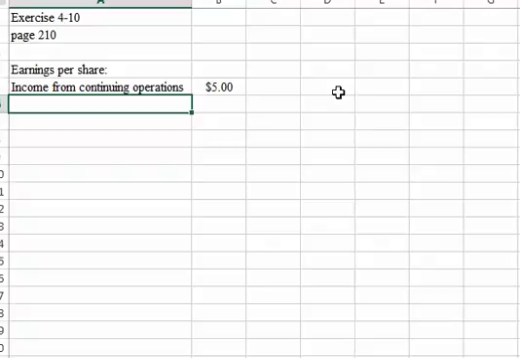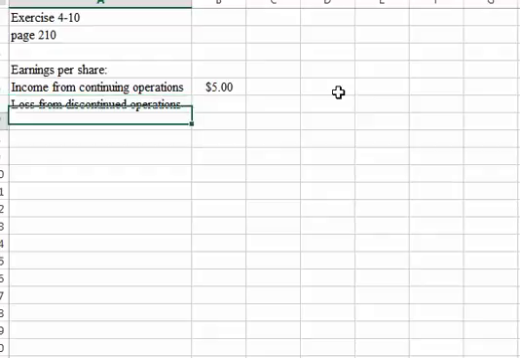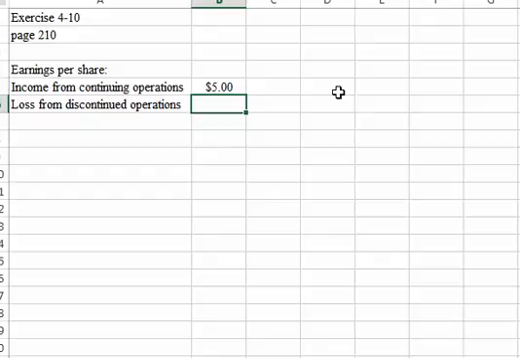Okay, then we have a loss from discontinued operations. That loss was a negative 1.6 million, divided by the 1 million shares.